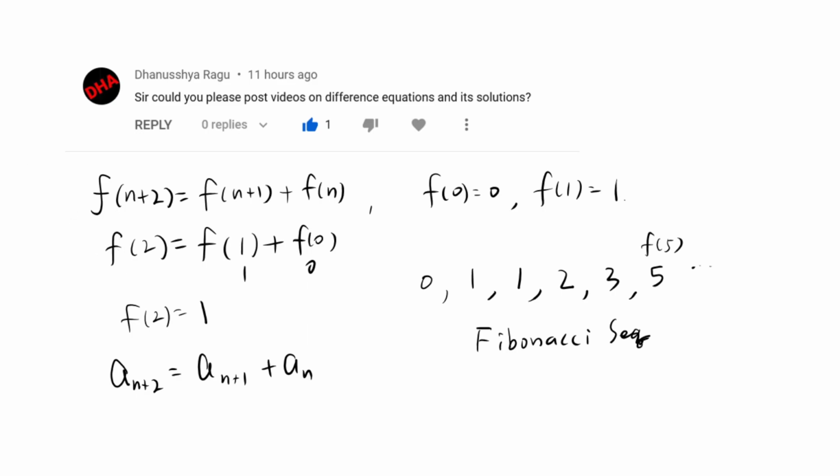Now before I start solving it, let me draw some parallels to differential equations, because I assume that most of my subscribers know differential equations. So here's a second order linear homogeneous differential equation.